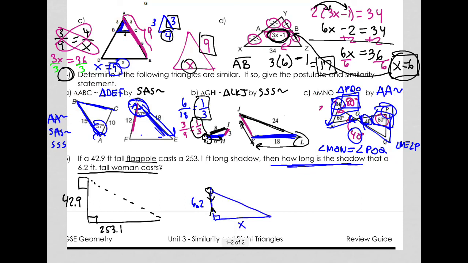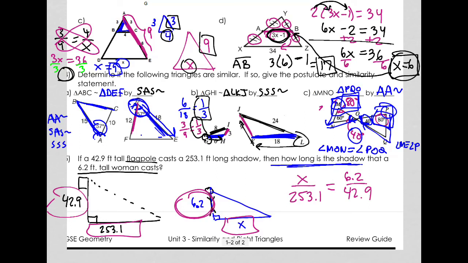So you should see corresponding sides now that you could use to set up. So we could say that X is to 253.1 as 6.2 is. Now notice I started with the same triangle both times. So 6.2 is to 42.9. And you could have set it up differently. As long as you did it corresponding, you are fine. So we have 42.9x equals 253.1 times 6.2, which equals 1,569.22.